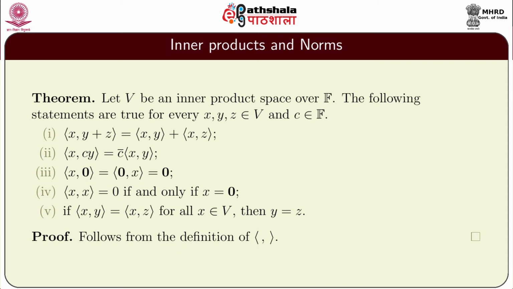This is because of the definition of the usual inner product on Rn. And we call the norm of x the usual length of the vector x, or the Euclidean distance of the vector x from the origin 0, 0, 0, etc.